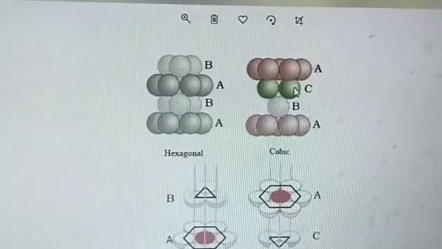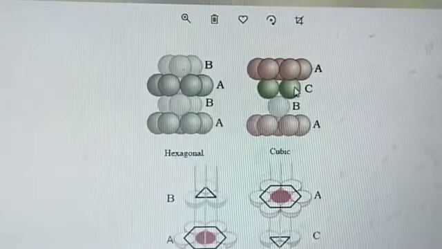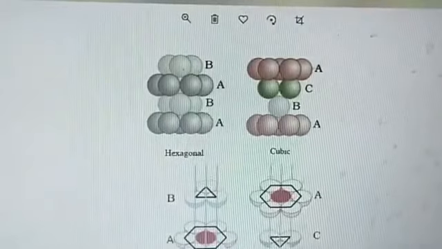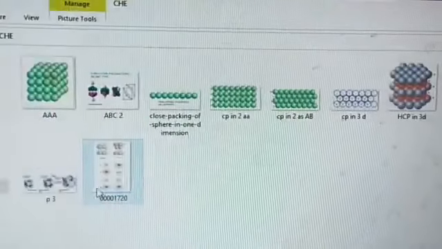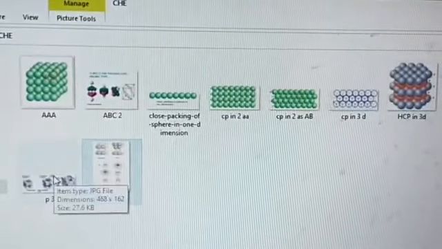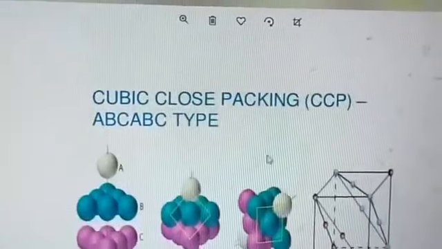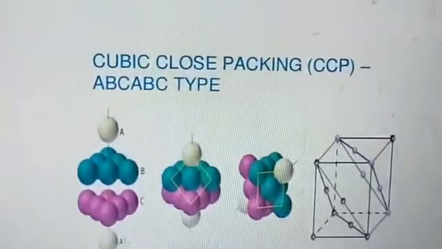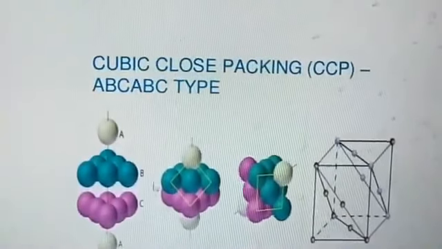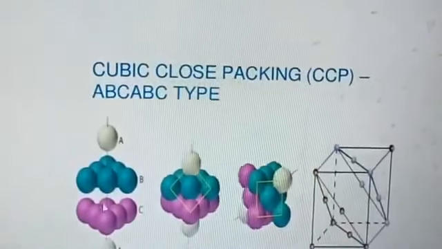This pattern of layers forms cubic close packed structures, along with face centered cubic structures. So which type of structures do we get in this? Cubic close packed as well as face centered cubic. Both types of structures we can get. This is the ABC type cubic close packed arrangement.